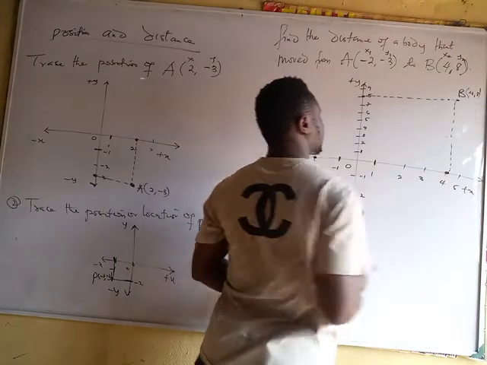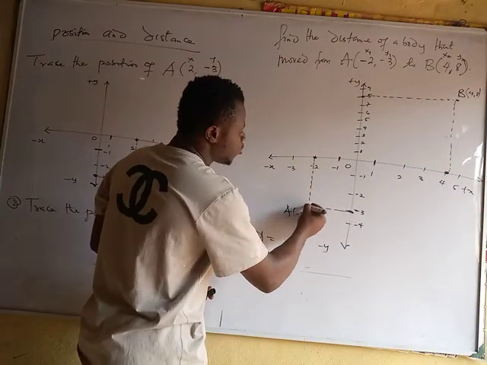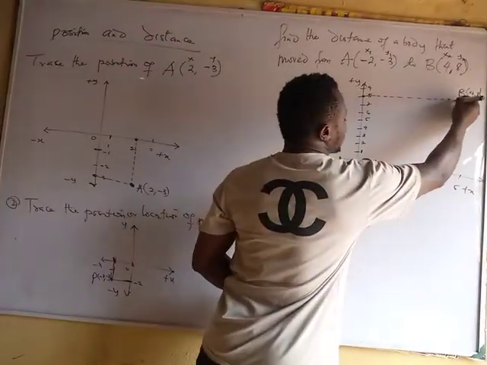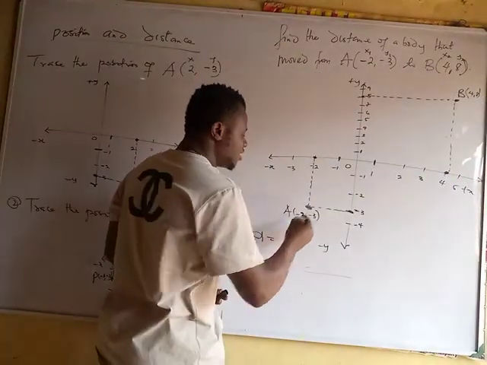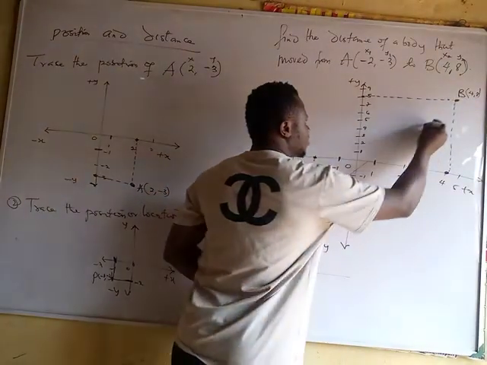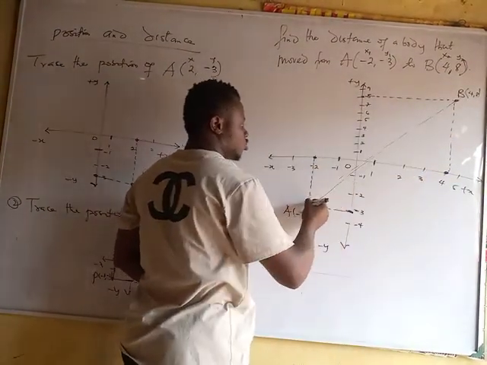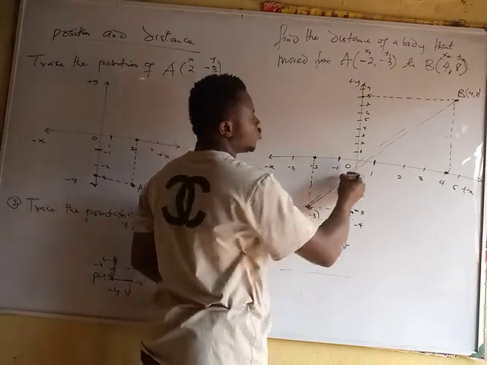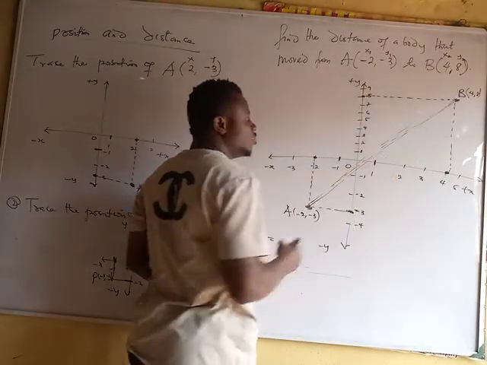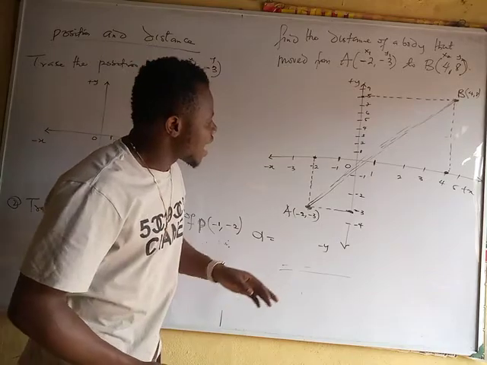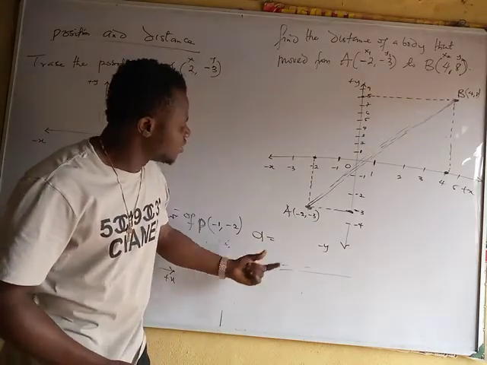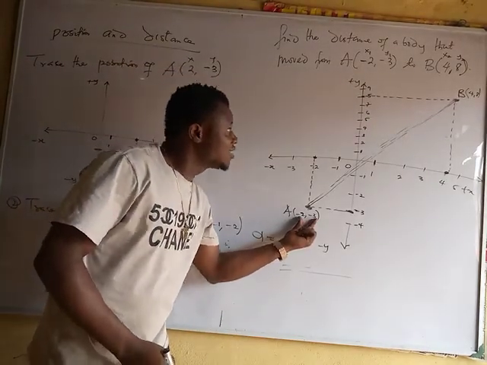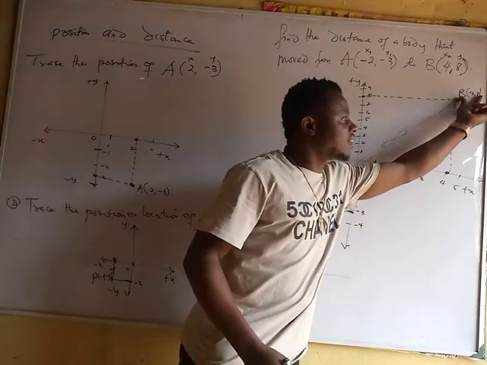Now you can see between this position and this position, there is a distance between them. Look at the distance. So we can calculate the distance the body has moved from A to B, using this axis and this axis.